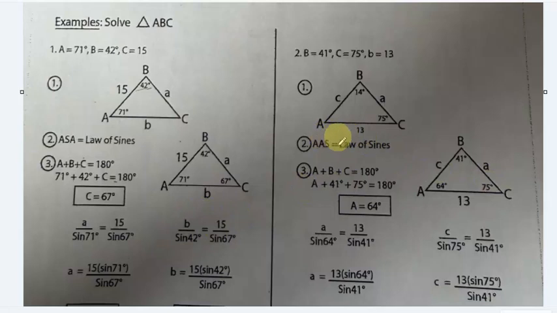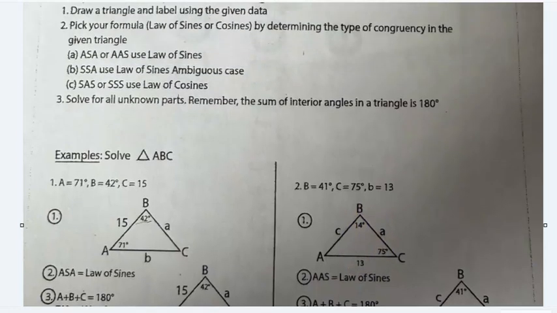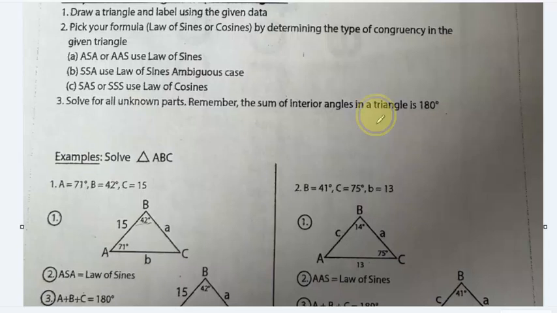And then I have law of sines again over here, to where I have two angles and a side. Now, the only time that the law of sines will not work is the ambiguous case, to where this is side, side, angle, as opposed to side, angle, side, or side, side, side, where you use law of cosines.